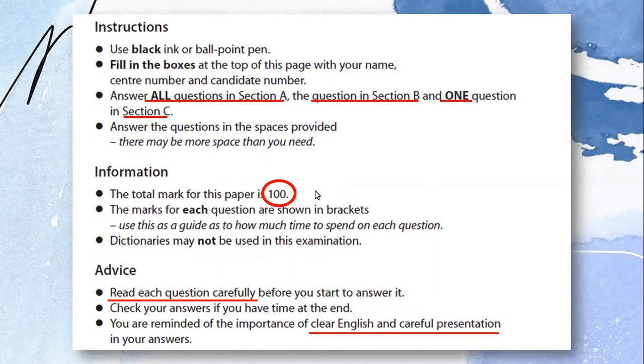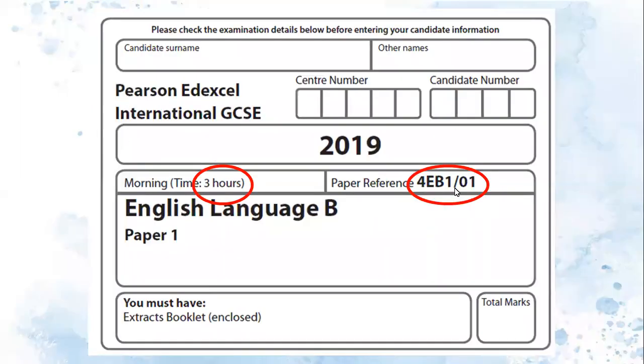There are certain instructions given in the paper. You're supposed to use a black pen or a ballpoint pen. And it says fill in the boxes at the top of this page with your name. I hope that you could have a look at the previous slide. If you go there once, you can see there is a slot for candidate surname, other names, centre number, candidate number.